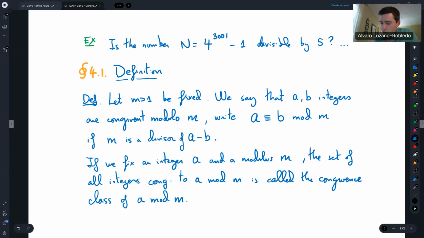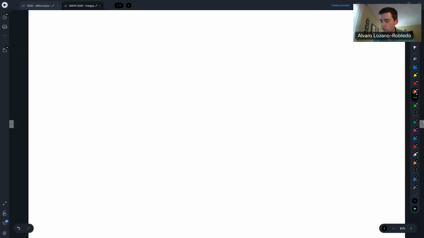Okay, so this is what we define congruences to be. And then the congruence class of a modulo m is all the integers that are congruent to a modulo m. So let's start by doing some examples.